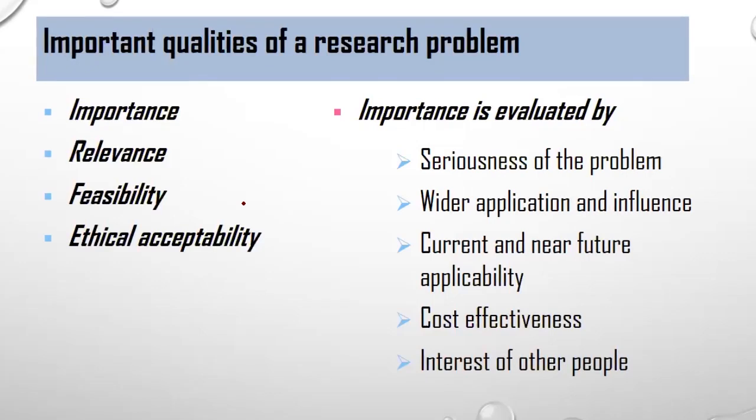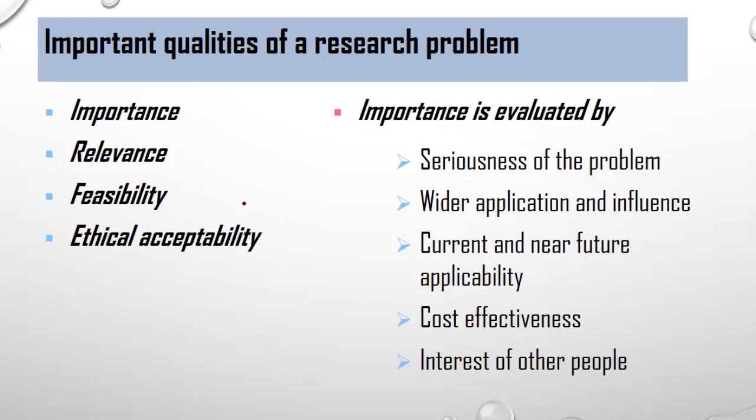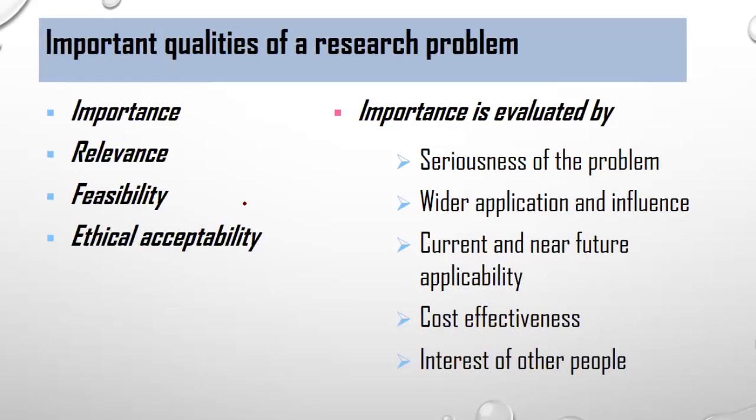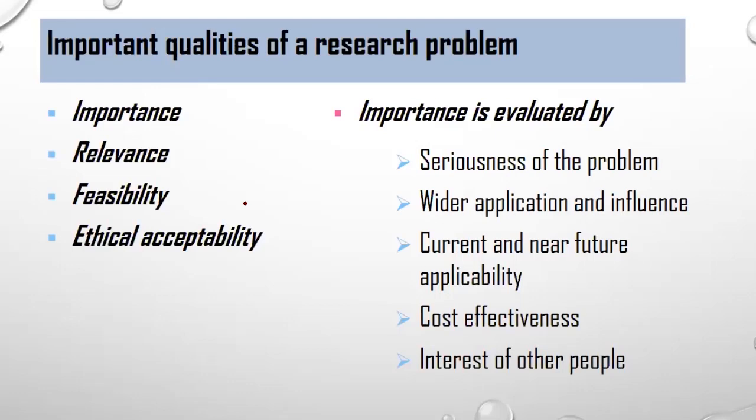Wide application and influence. When the outcome of the research will have wide application or influence on the betterment of the society, then it will be evaluated very carefully. Current and near future applicability: the research outcome is sometimes evaluated by what its future or current applicability will be after the end of research. And cost effectiveness.